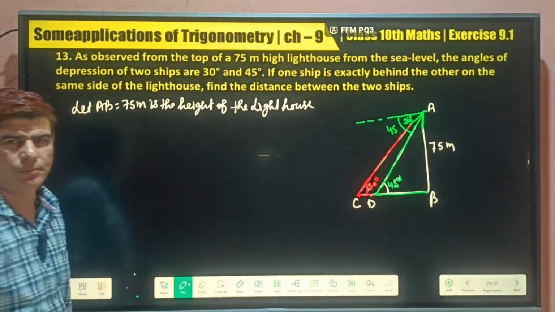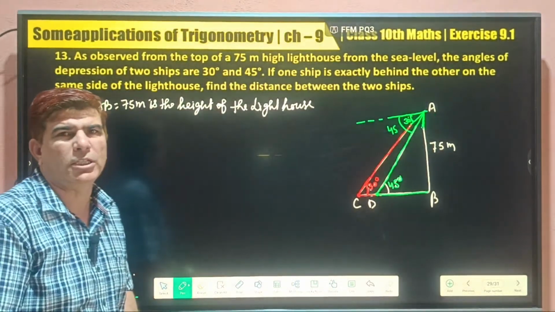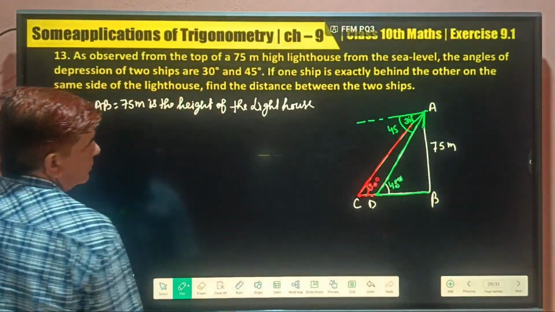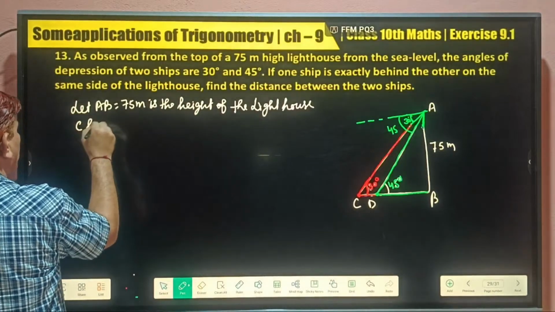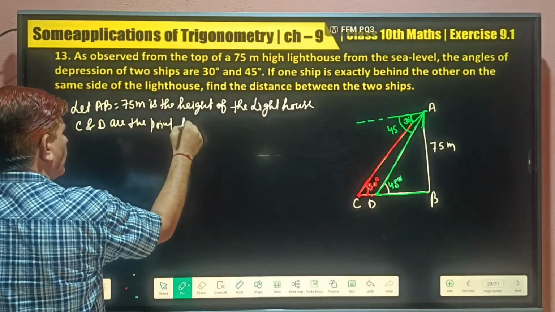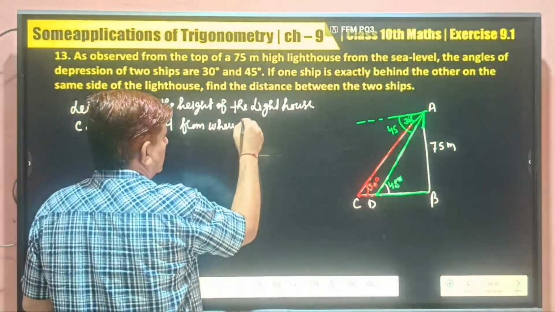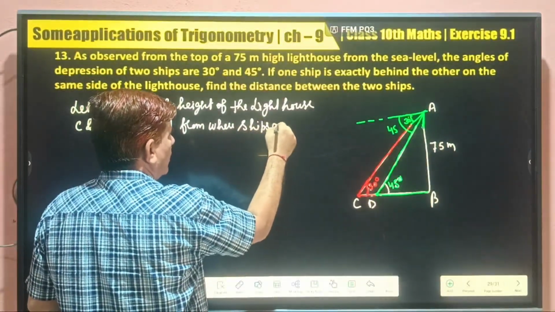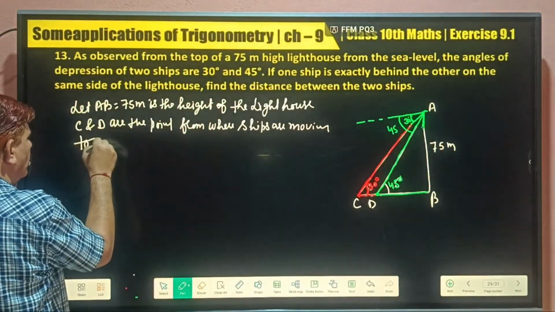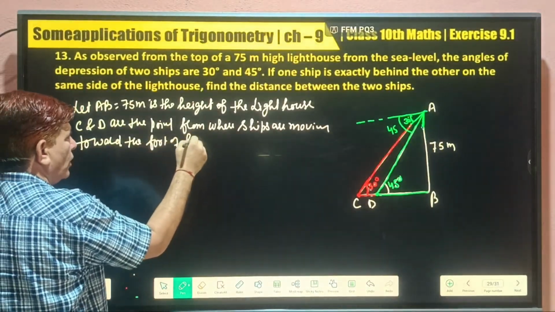I think you know the use of this lighthouse is to show the path to the ships in the sea. C and D are the points from where ships are moving toward the foot of the lighthouse.